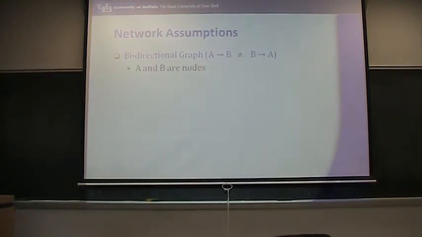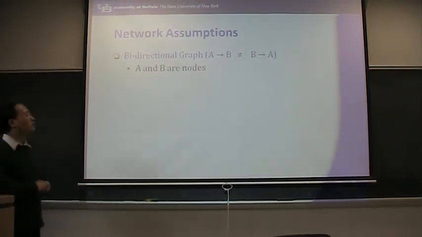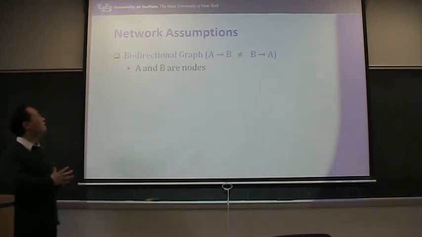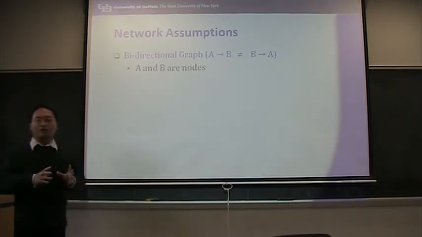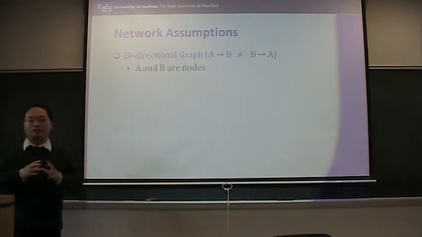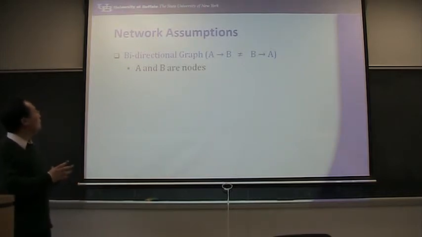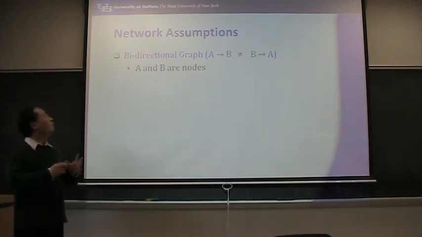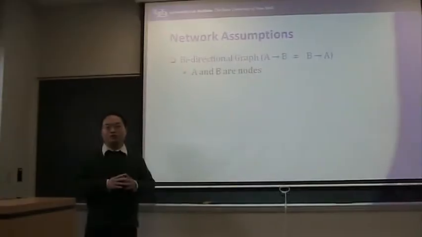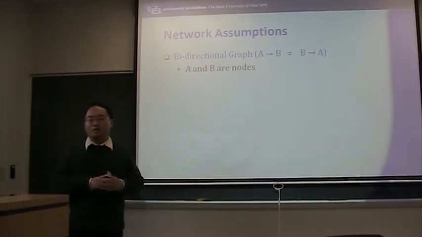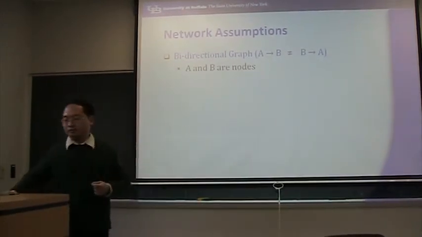This algorithm has some assumptions which are very obvious, but I want to mention them first. We formulate, or we abstract, a network, and this network is represented by a bidirectional graph, which means A to B is different from B to A. Here A and B are nodes.